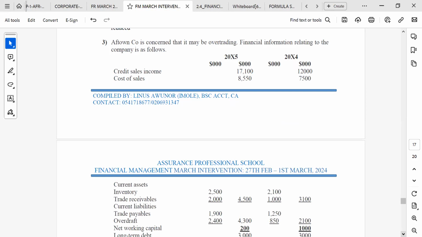Question 3. Okay. Uptown Co. is concerned that it may be overtrading. Financial information relating to the company is as follows.